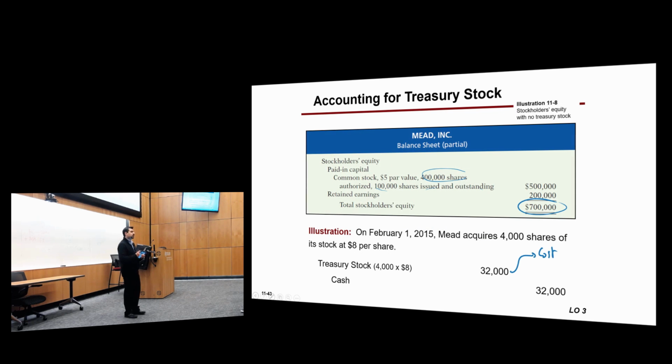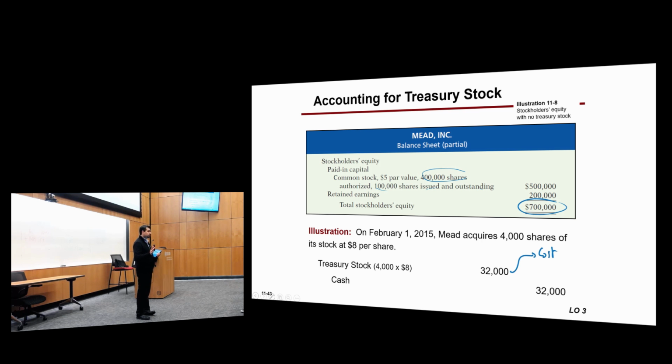So treasury stock decreases stockholders' equity. Because what you did is you decreased your assets by 32,000 because you paid cash. So your total assets decreased by 32,000, and at the same time, your stockholders' equity decreased by 32,000. That's not a liability.